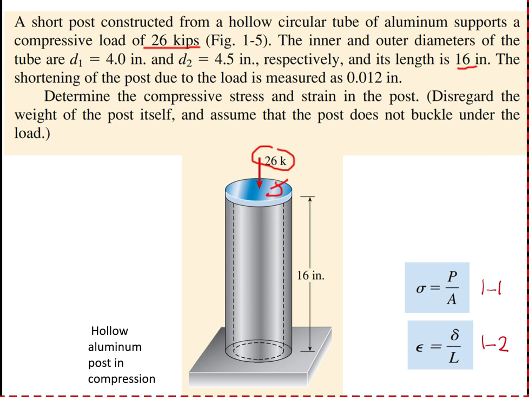The shortening of the post. What is the meaning of the word shortening here? Exactly, shortening means how much decrease in the length there would be. The shortening of the post due to the load is measured as 0.012 inch. This means that it has already been measured.